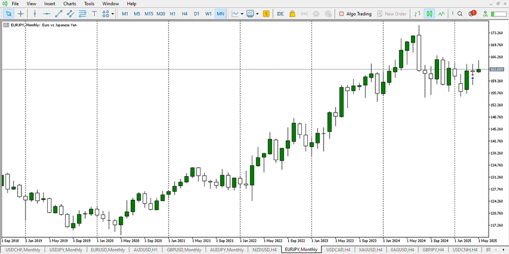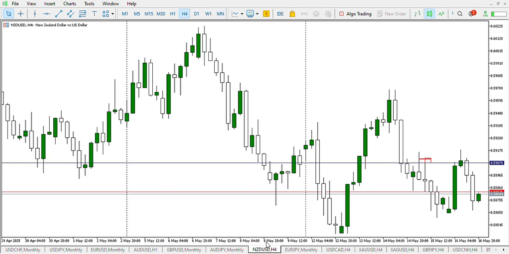So as you can see, on Euro JPY for this year, price has made a swing here. For this year as well, price has made a swing. So like this, we are going to be expecting Euro JPY to buy for most of this year, just inducing from the swing points we can see there.